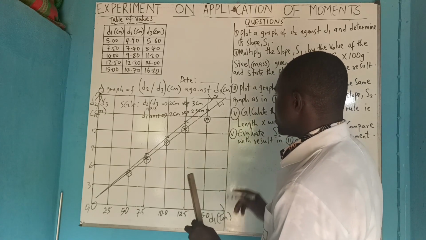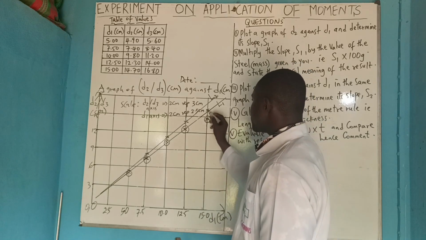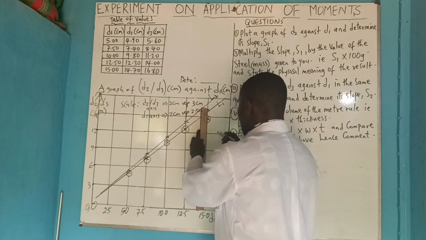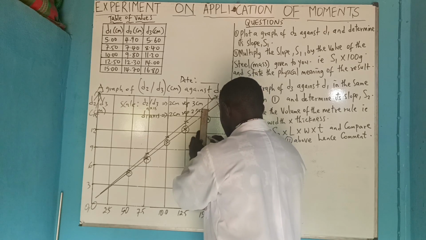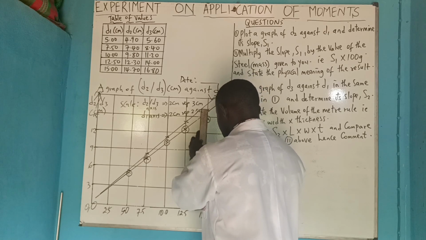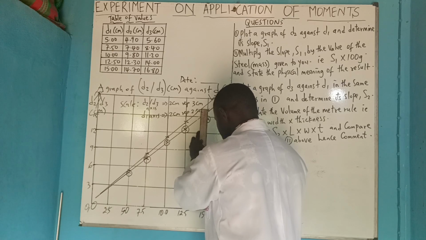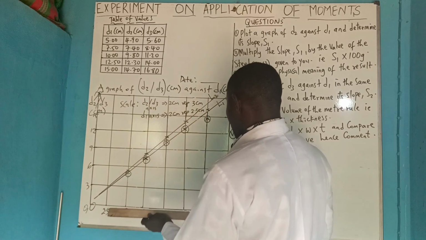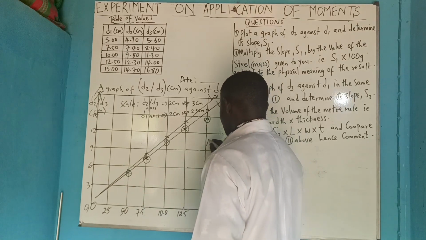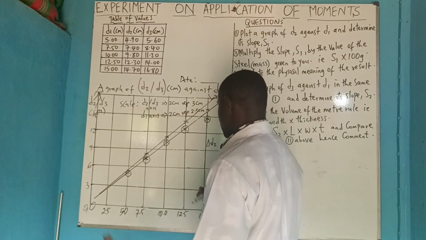Now, next is to get our slope. For the first slope, we put our straight line. We say this is the change in D2.